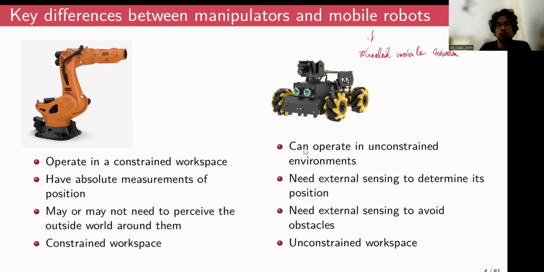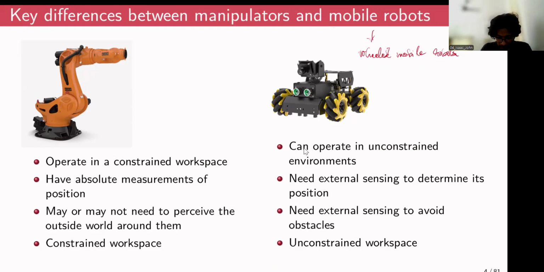Or if you deploy a mobile robot outdoors, maybe for military search and rescue operations, the workspace is practically unbounded. It can go anywhere it wants, and all the communications can be done through long range radios, or things like that. So workspace is one of the key characteristics that helps us distinguish between manipulators and mobile robots.